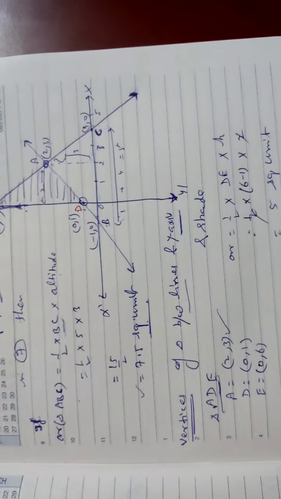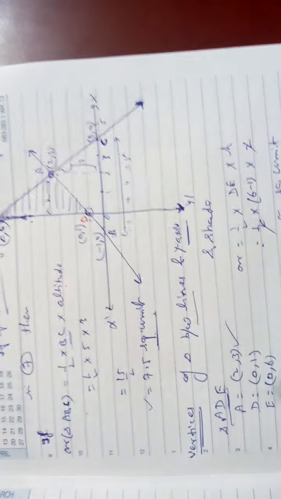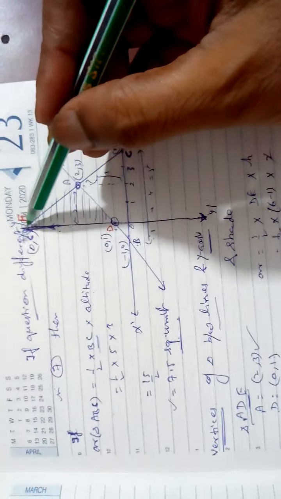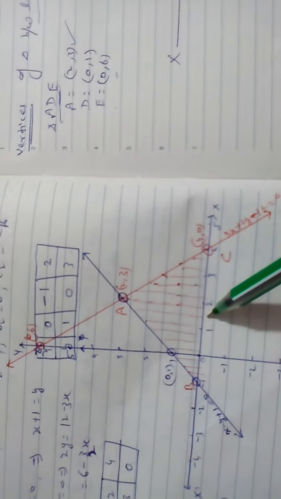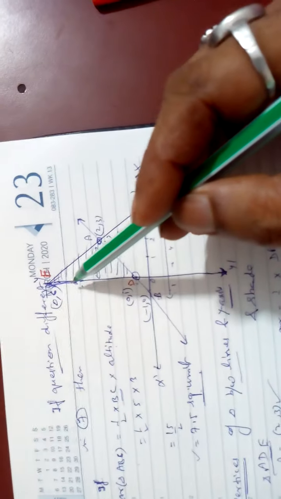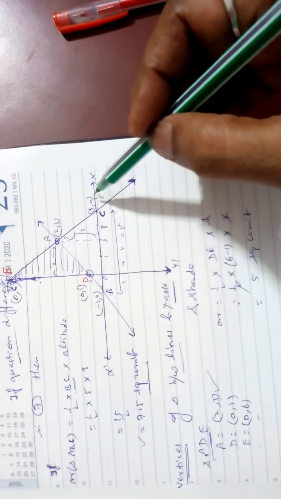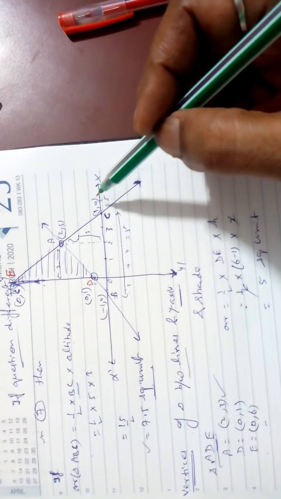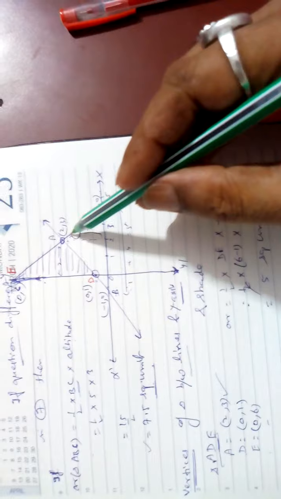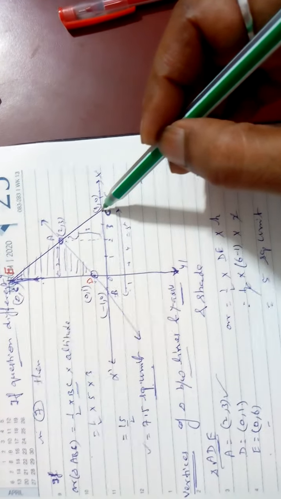Coordinate of A is the same, but D will be 0, 1 and E will be 0, 6. Here I have said it between the x-axis, here I have said it between the y-axis. Sometimes the lines intersect on the x-axis, then there will be no triangle formed between the lines and the x-axis. If A will be here, then there will be no triangle.